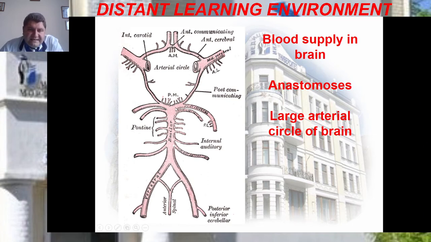What we can see here too are the posterior choroidal arteries. Also, we cannot see the hypophyseal arteries here, but in detail we can see the internal carotid artery, and it branches into the middle cerebral artery, the anterior cerebral artery, and also the posterior communicating artery.